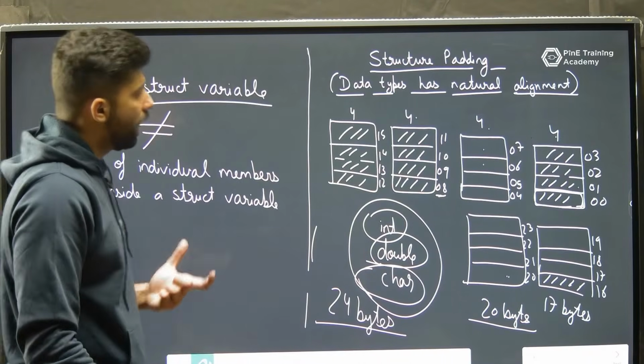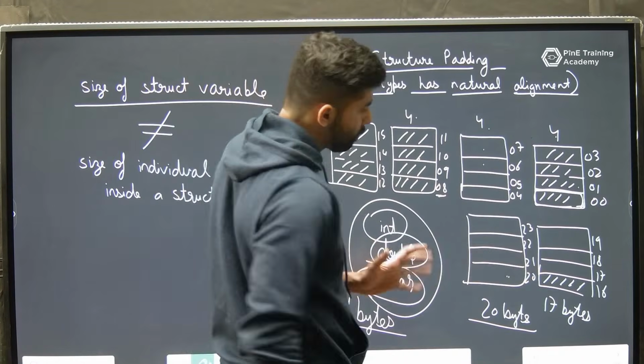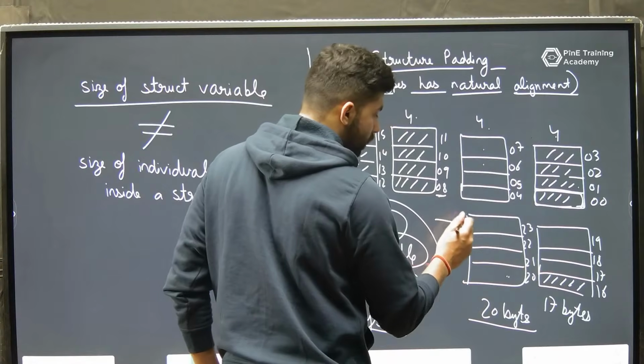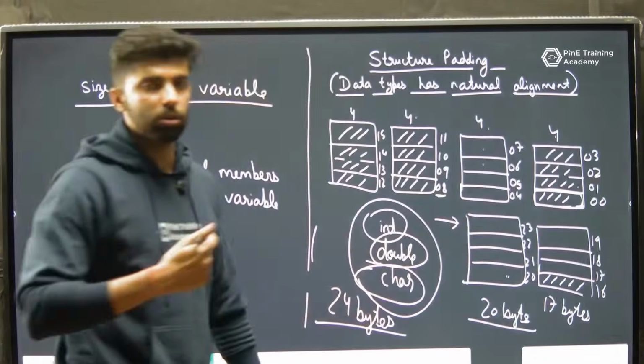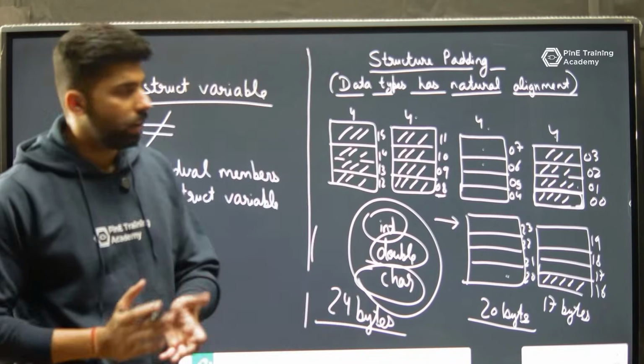Why? It's because the alignment which we made is perfectly fine. But the padding will be considered till this point. That means these 3 and these 4 will also be considered as padding. And why?